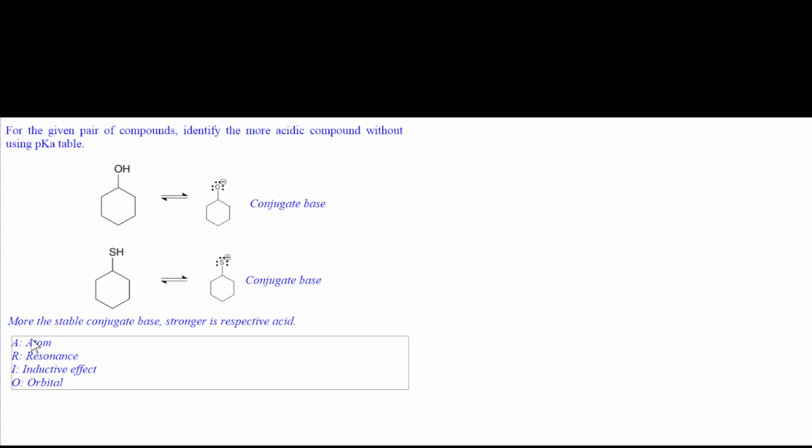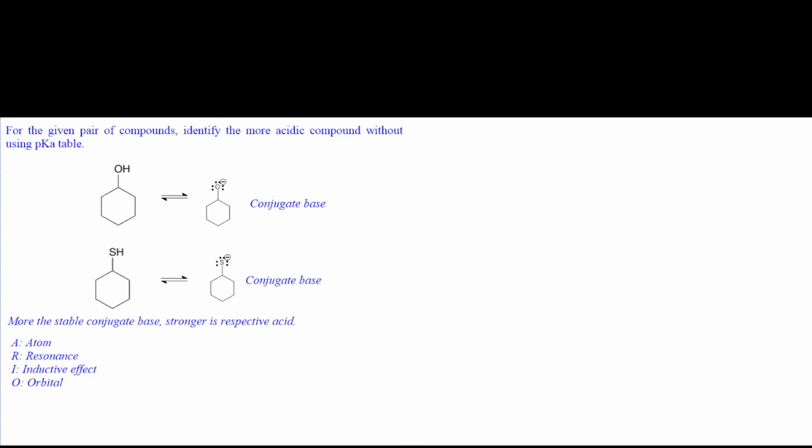In this particular problem, we are going to discuss only atoms. If the conjugate base involves resonance, inductive effect, and orbitals, we will talk about the effect of these different kinds of effects in some other problem. But in this problem, we are going to use atoms to describe the stability of a conjugate base.